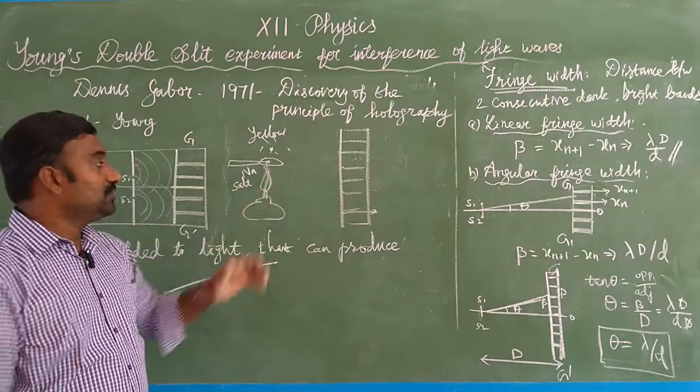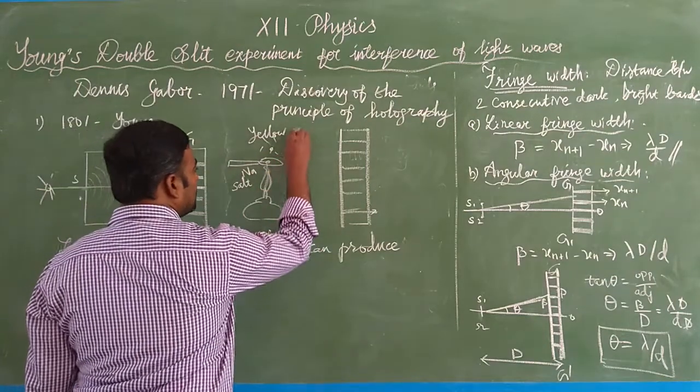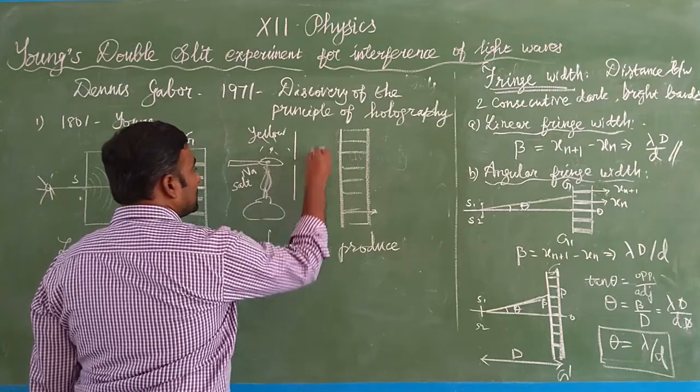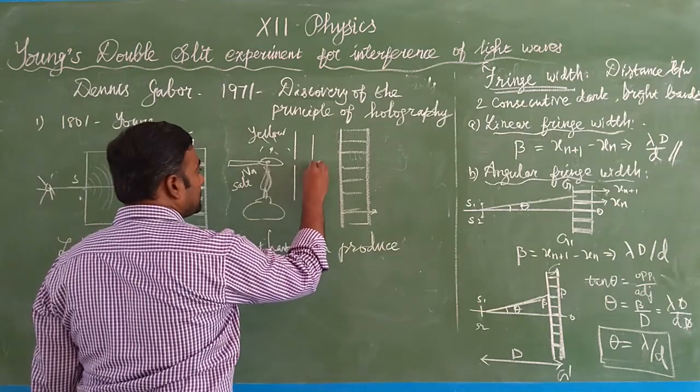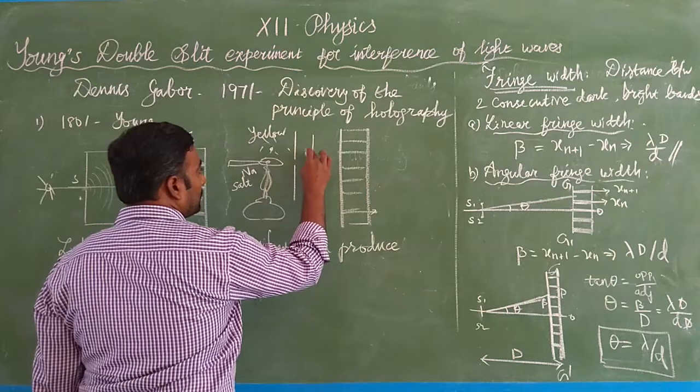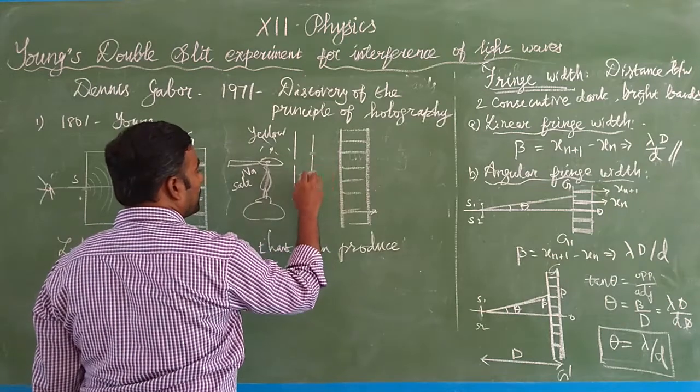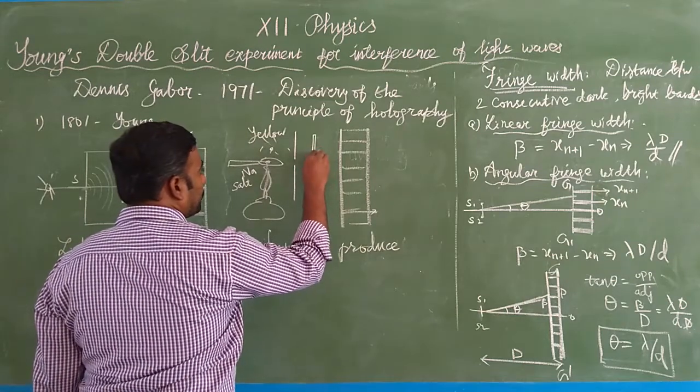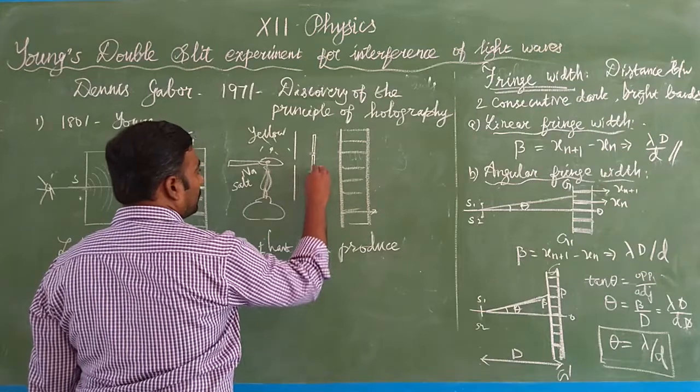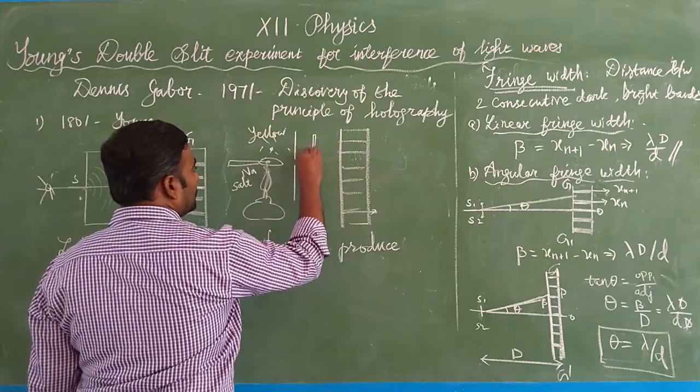Okay. So here also the two slits. This is a single slit and then a double slit. Here one opening, here one opening. So slits S1, S2.